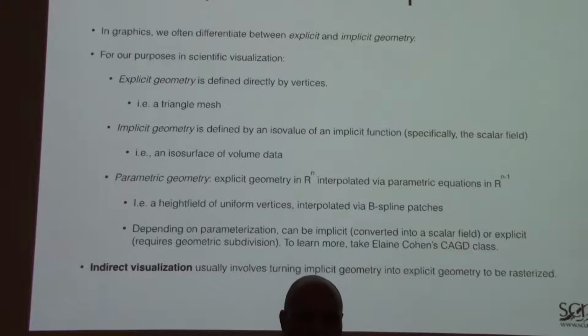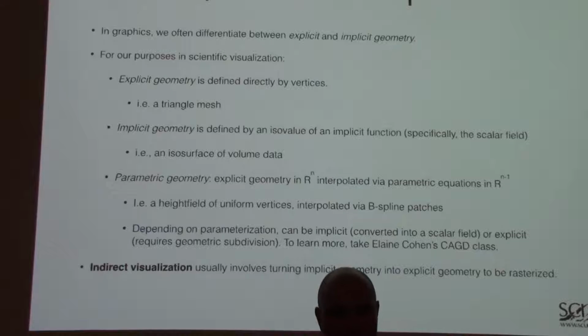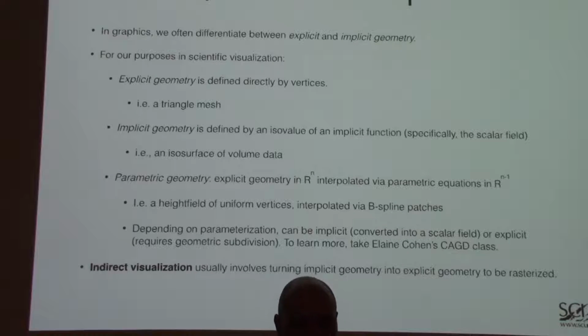Implicit geometry is defined in 3D by an ISO value of an implicit function. And when we say implicit function, that's usually something like f of xyz equals value. And the f of xyz is called the kernel of the implicit function. And this may sound like a confusing bit of terminology, but this implicit function, for all intents and purposes, is the scalar field. It is the volume data set that we're talking about. So when we say an implicit surface, we're talking about an isosurface of volume data.